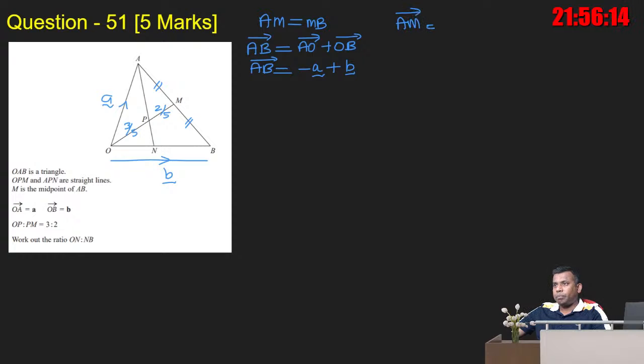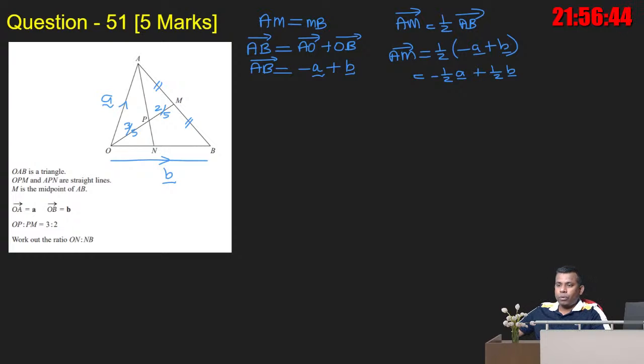AM vector is the midpoint, so half of AB vector. Since we know the AB vector, half of minus A plus B, so AM vector is minus half A plus half B, right? Now that is ready.